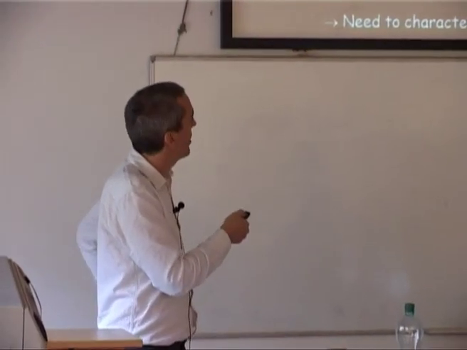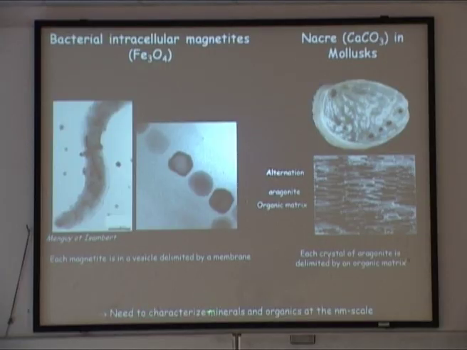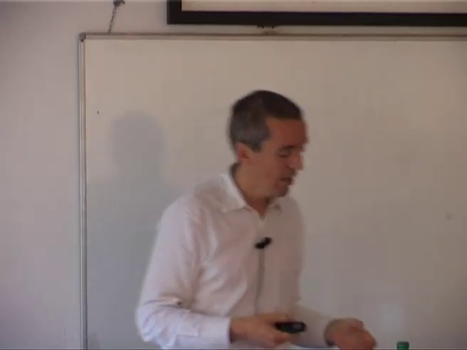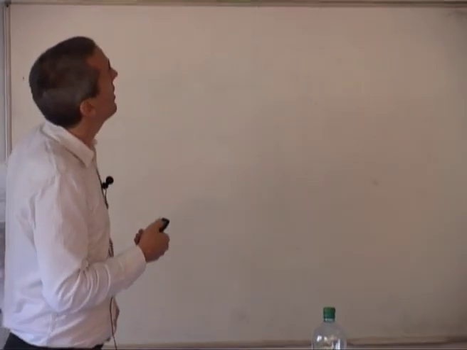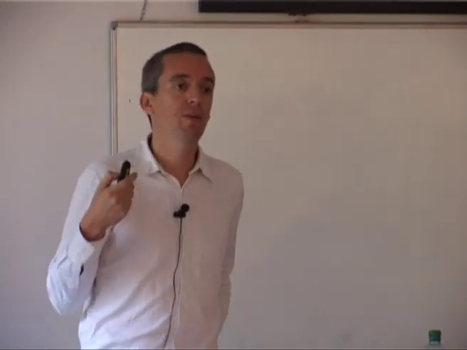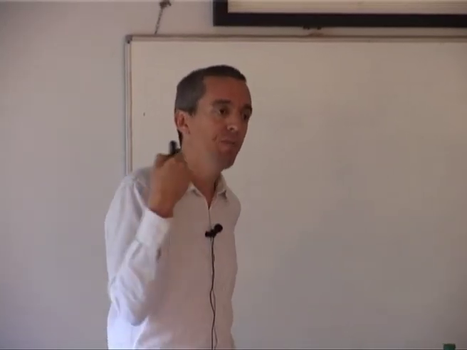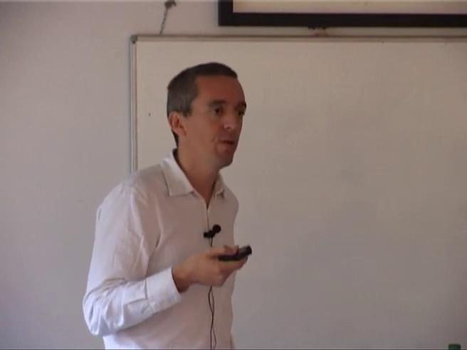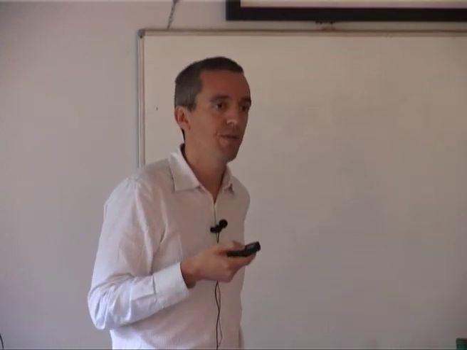We need to characterize minerals, the orientation, the structure of minerals, the chemical composition of minerals, and the organics at the nanometer scale. So that's why we need to push microscopy techniques if we want to improve our knowledge of how microbes form minerals, how it works.